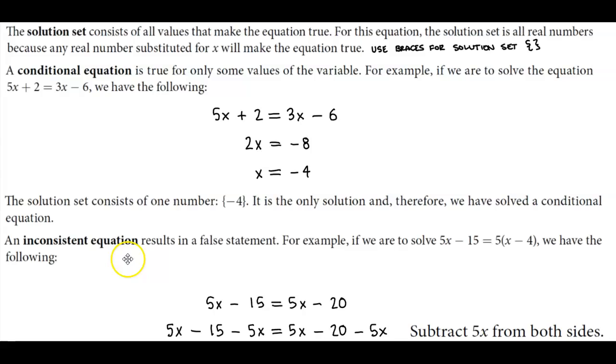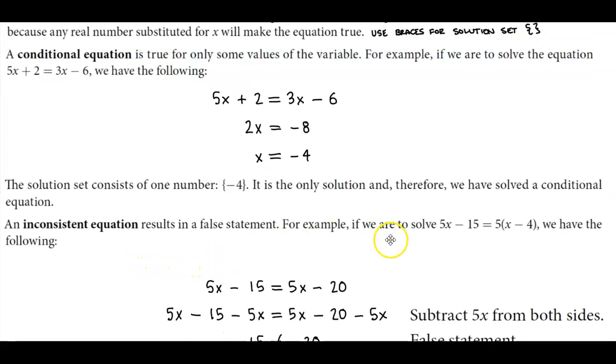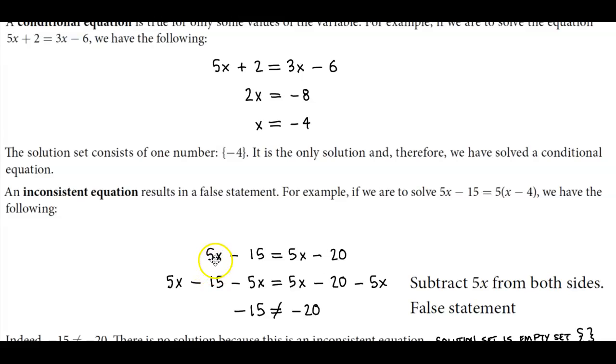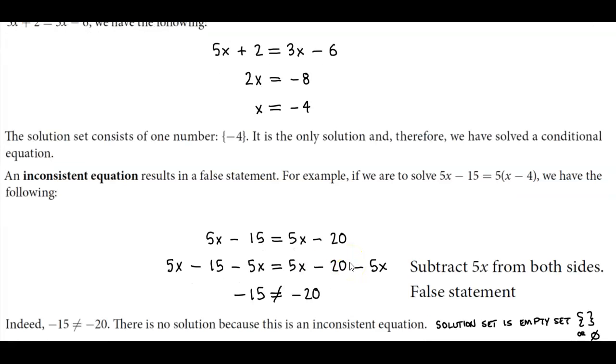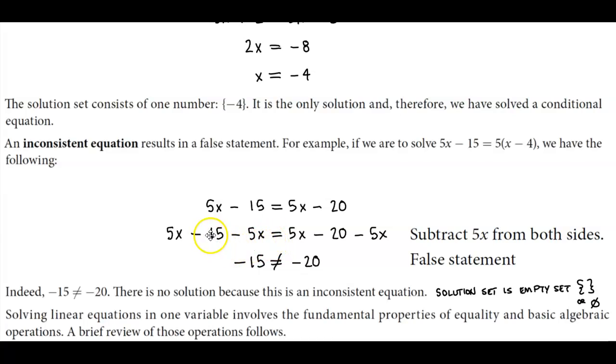An inconsistent equation results in a false statement. So for example, if we are to solve 5x minus 15 equals 5x minus 4, we have the following. So 5x minus 15, if we distribute the 5 to both terms, we get 5x minus 20. Now, if we want to go ahead and combine like terms, if we subtract 5x from both sides, we end up with negative 15 on one side of the equation and negative 20 on the other side.